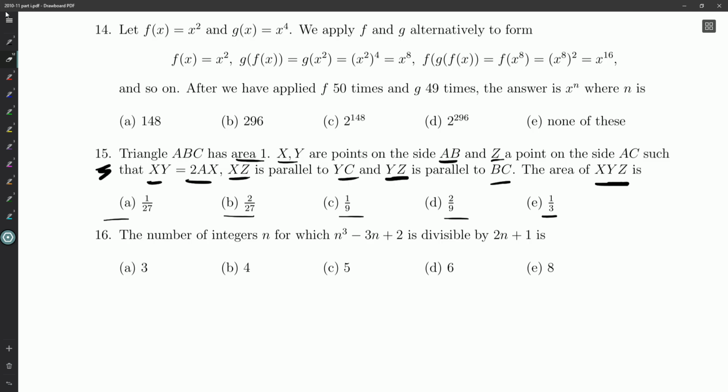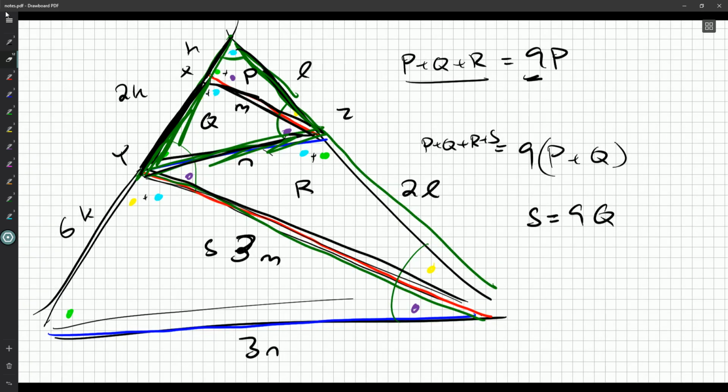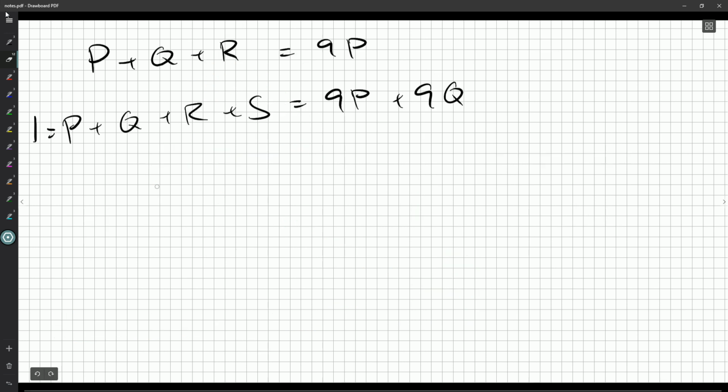And we want the area of Q. I can see 1/9 is P plus Q, but we just want Q. So R plus S would be 8/9.